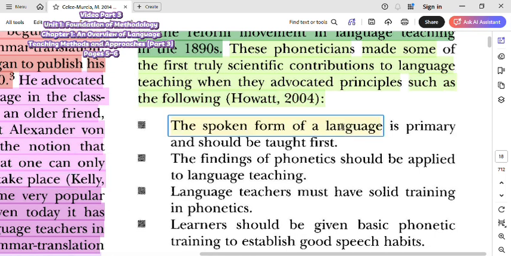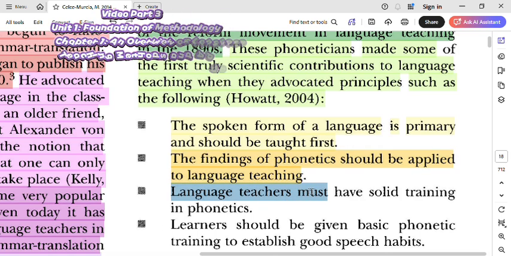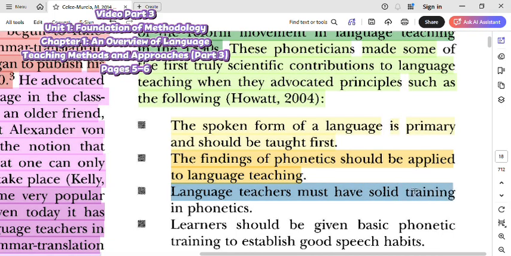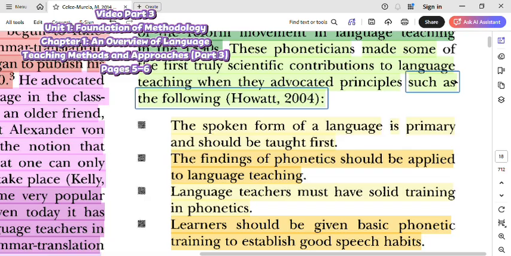Bullet point 1. The spoken form of a language is primary and should be taught first. Bullet point 2. The findings of phonetics should be applied to language teaching. Bullet point 3. Language teachers must have solid training in phonetics. Bullet point 4. Learners should be given basic phonetic training to establish good speech habits.